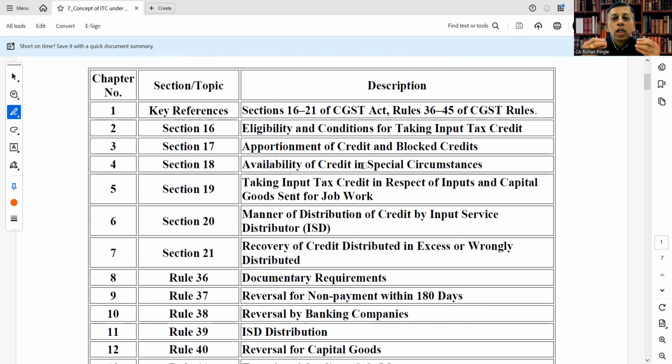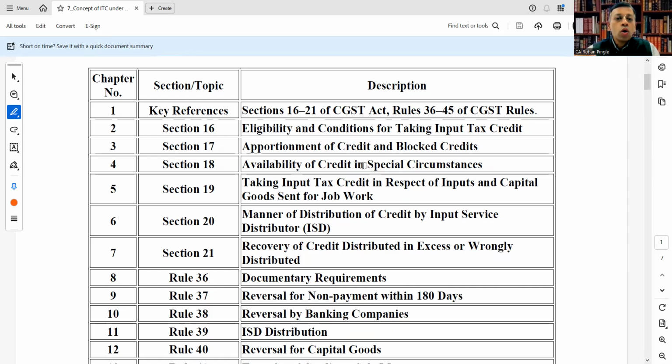We will touch upon each rule and each section today in this topic, so you will have a basic and better understanding. If you want, you can go ahead and deep dive into it. But today, we will touch upon every rule and every section, and you will have a basic understanding of it.